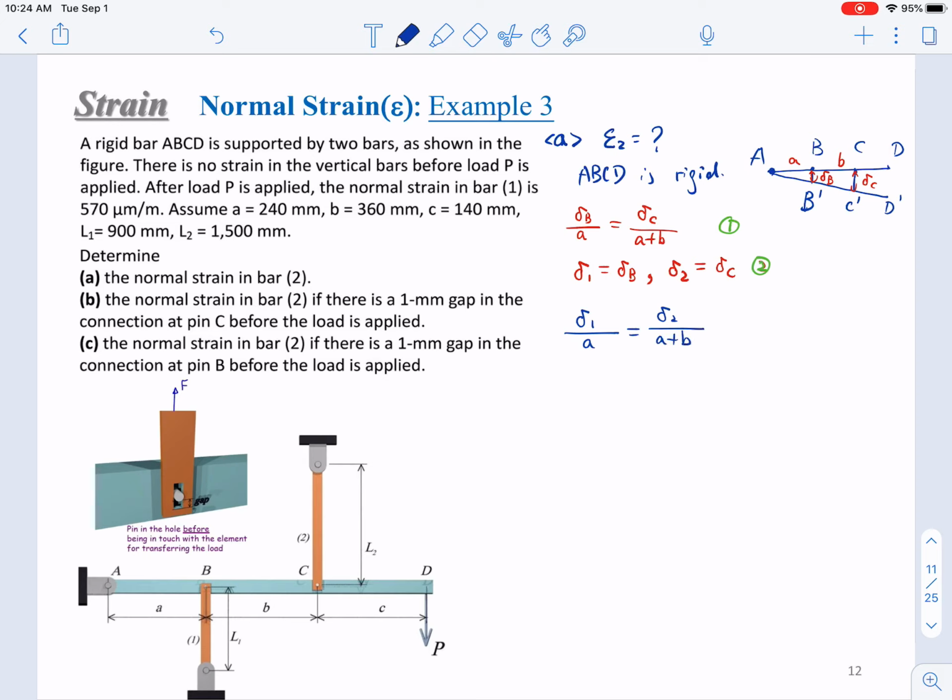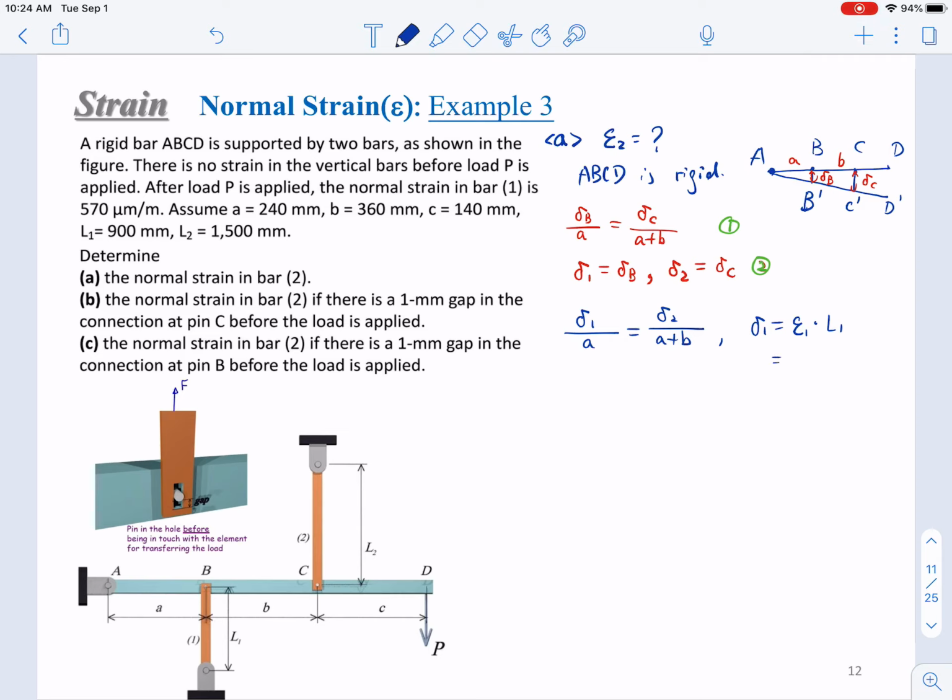Do we know delta 1? We don't know delta 1, but we know epsilon 1. So delta 1 here equals epsilon 1 times L1. Epsilon 1 has been given.